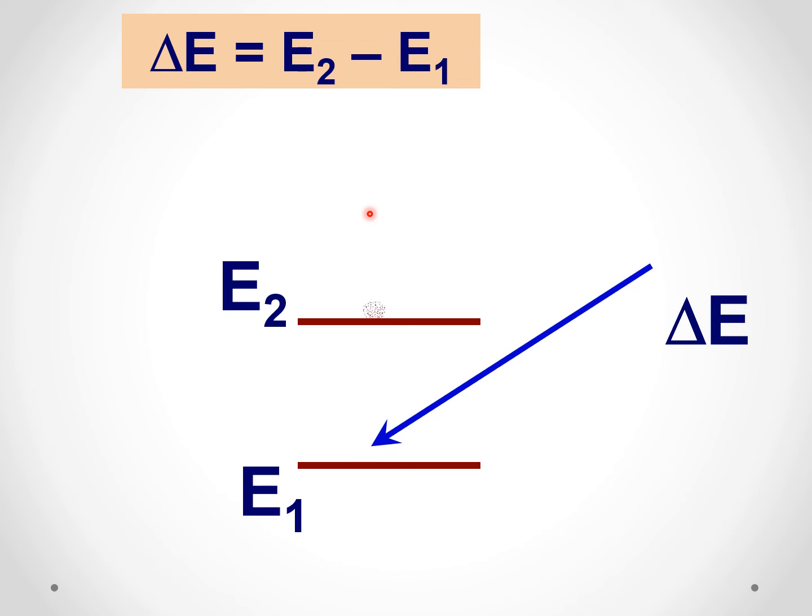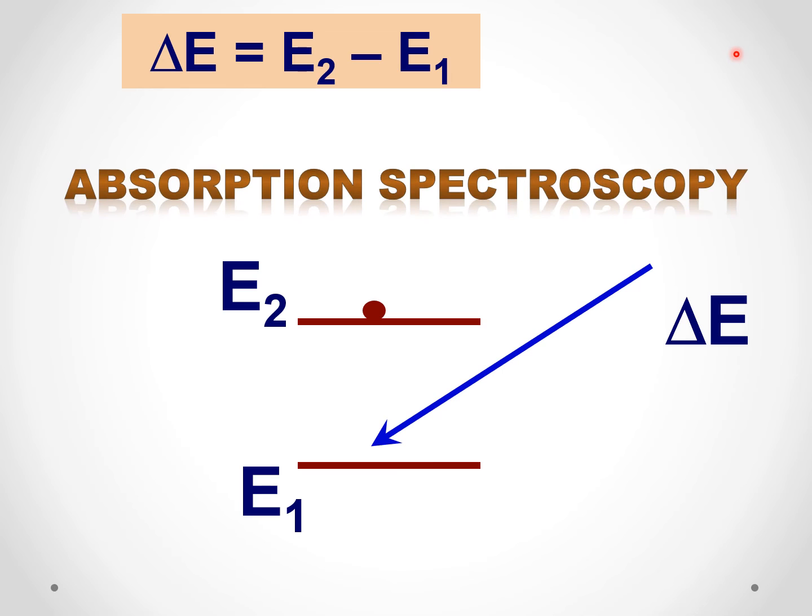This species will absorb this and it will go to the higher energy level. Now this type of spectroscopy is called absorption spectroscopy. Here the radiation gets absorbed.